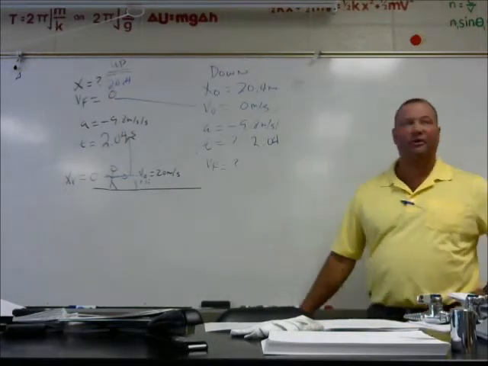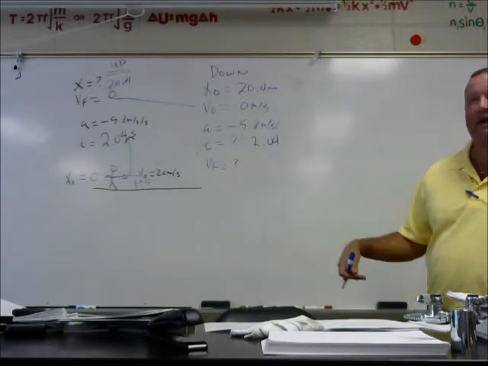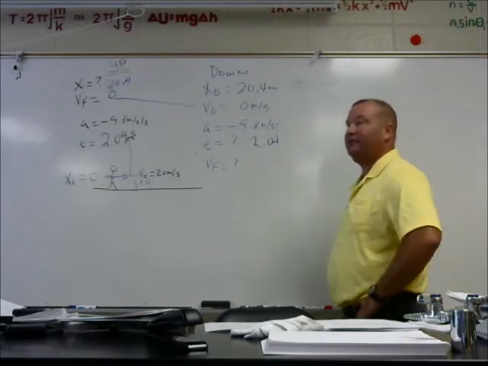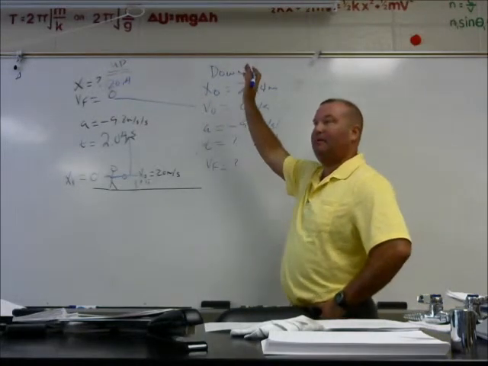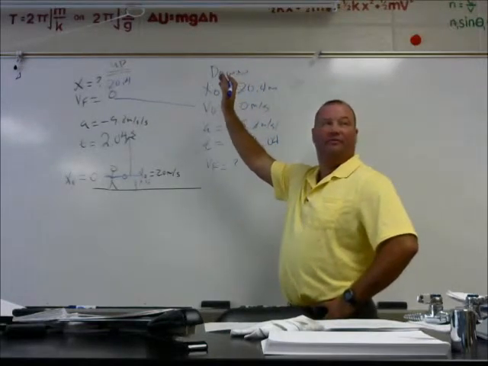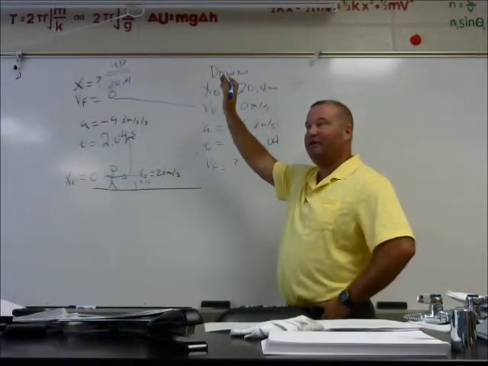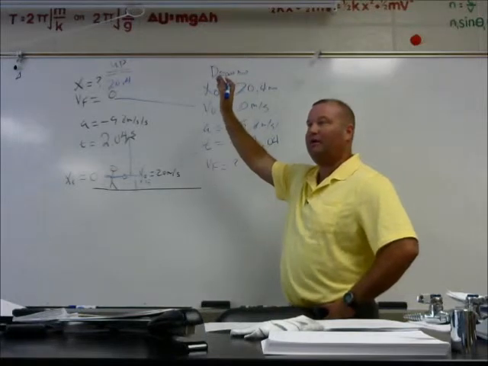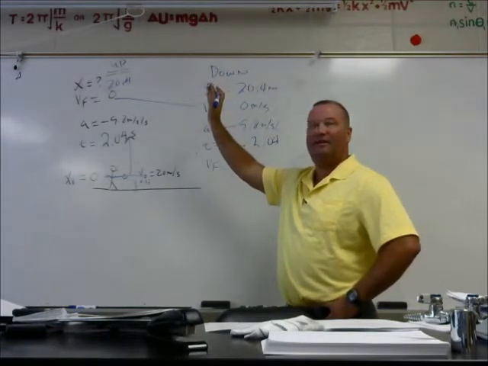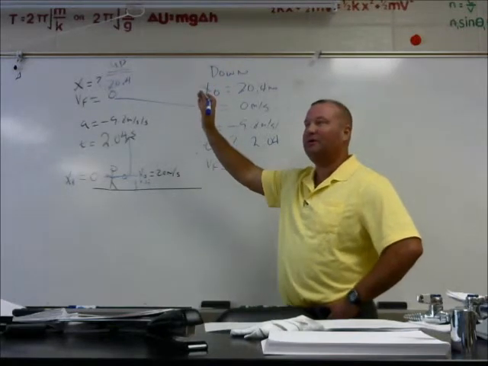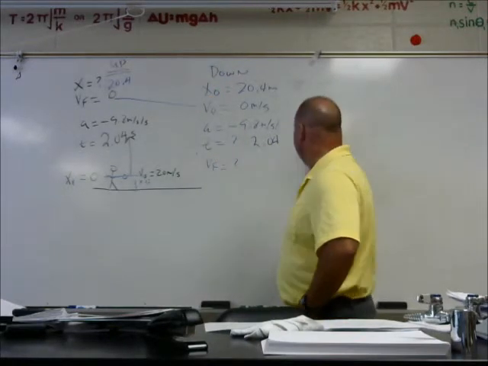Same magnitude, same meters per second on the way down, more or less? The same. Who says the same? Who says less? Who says more? The rest of us have to say something other than I don't know. Well, let's look at it.